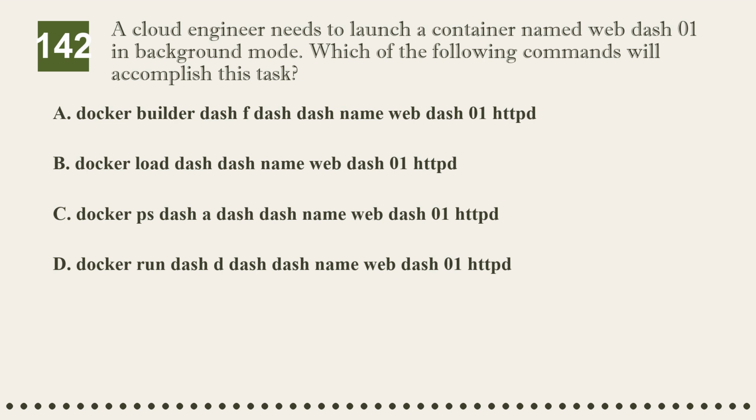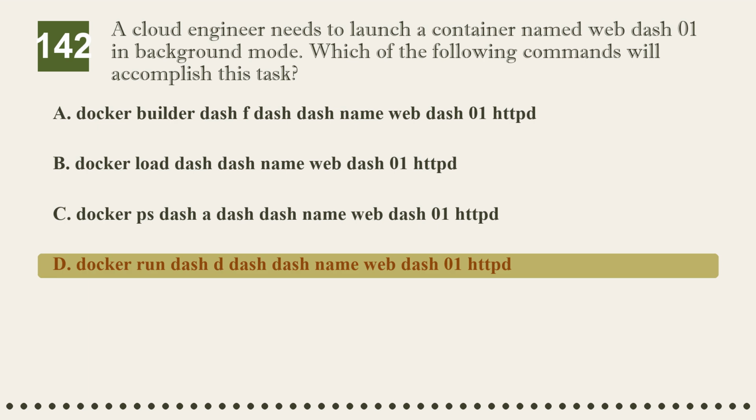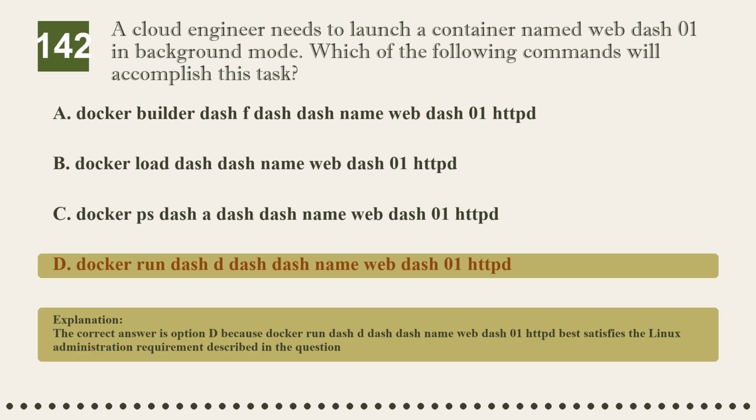Option D, docker run -d --name web-01 httpd. The correct answer is option D, docker run -d --name web-01 httpd. The correct answer is option D because docker run -d --name web-01 httpd best satisfies the Linux administration requirement described in the question.